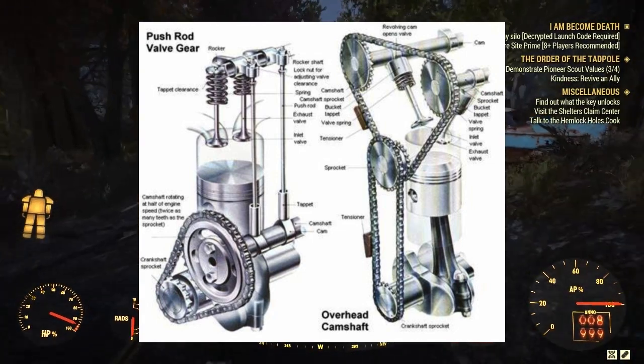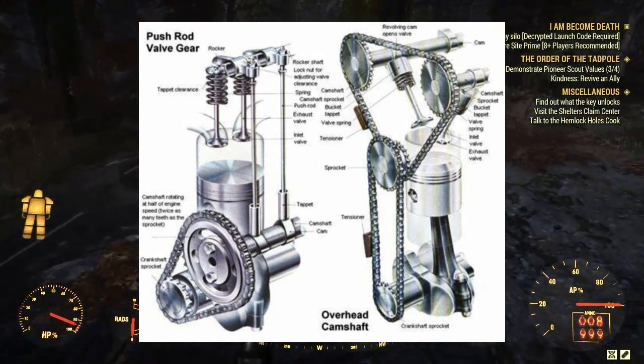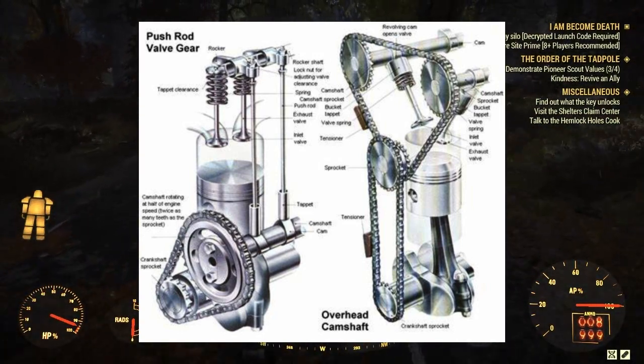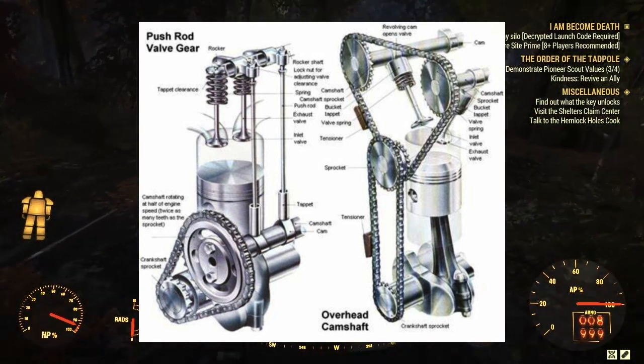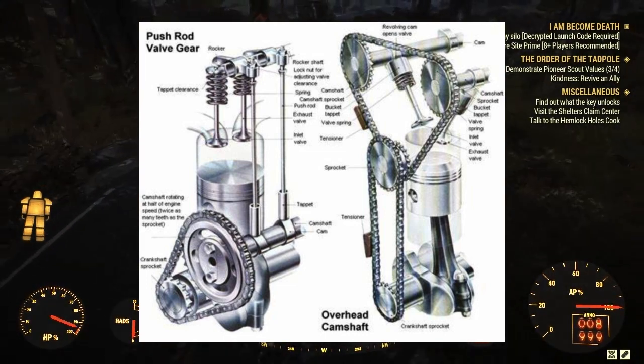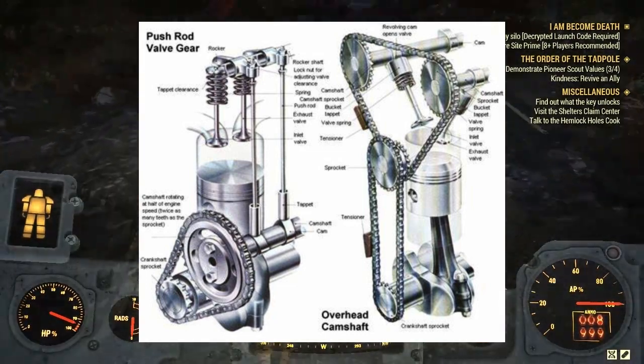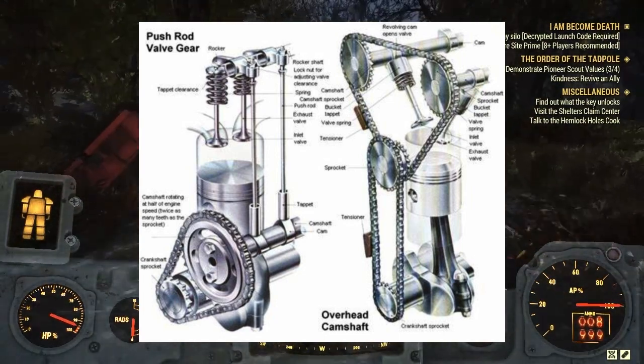Like I said, the valve springs normally keep it closed. Well, the camshaft tells it when to open and for how long to open. That's basically what the camshaft does.